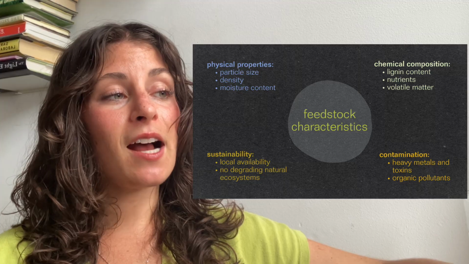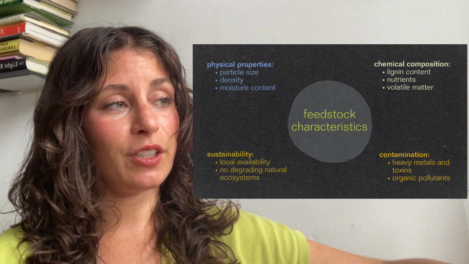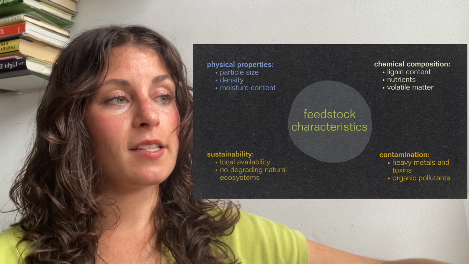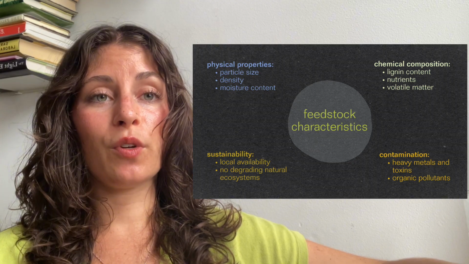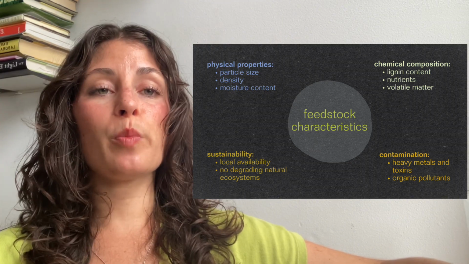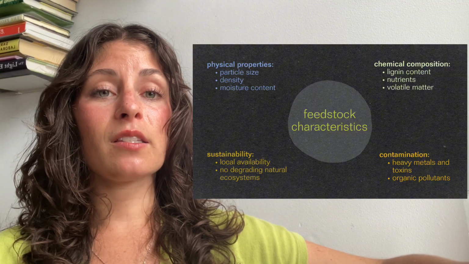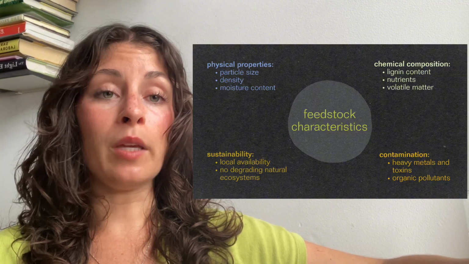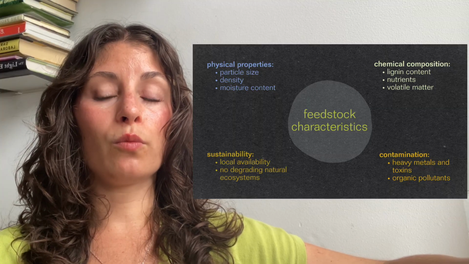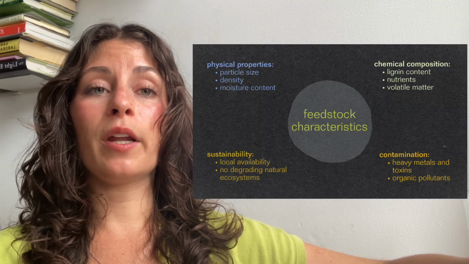The last factor I'm going to mention here is sustainability. Ideally, you want to use biochar production to help your waste stream be more circular, so look for things that are already a waste stream.